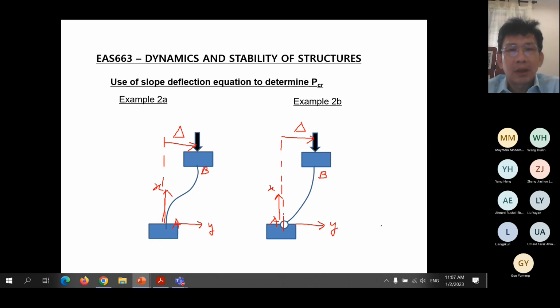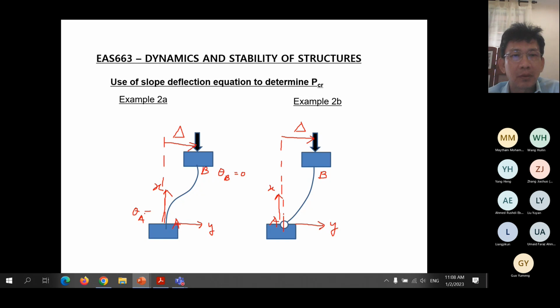So now we will look at how we apply slope deflection equations where it involves relative end translation first, without end rotations. In this case, the end rotations, theta A here and theta B here, are both equal to 0.